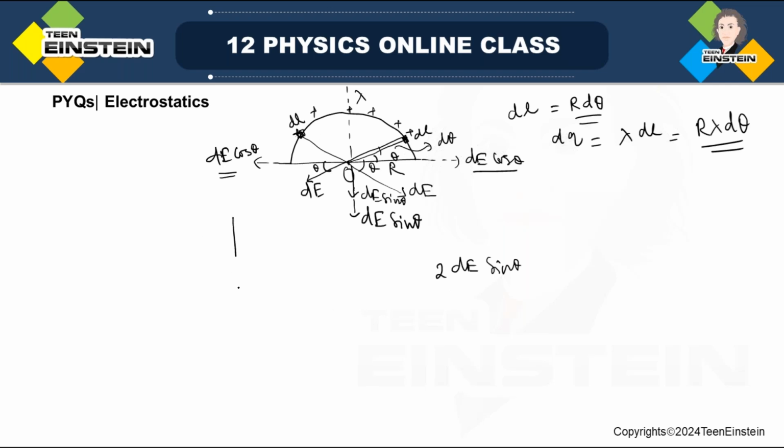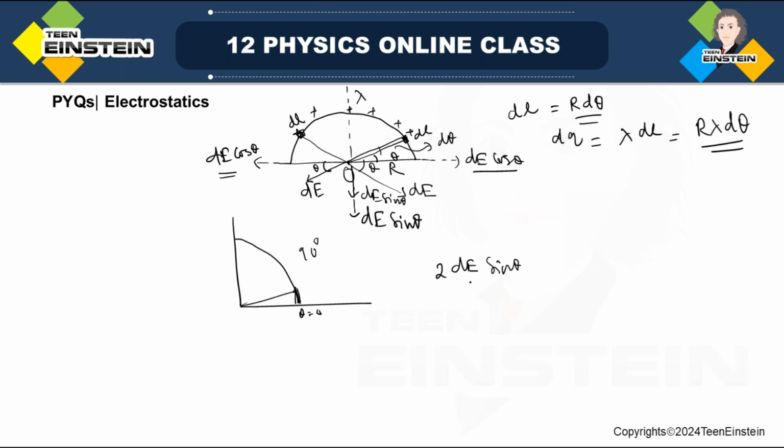Now see, my limit will be like this. So if I now do the integration, I'll do the integration for this particular part. So this angle is 90 degrees, isn't it? So θ starts from here somewhere. θ goes from 0 to 90 degrees.